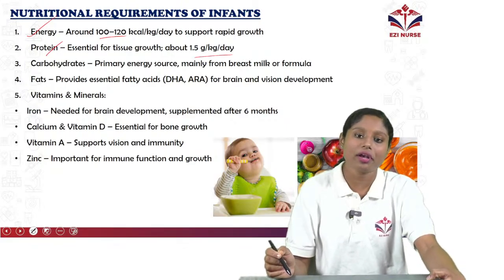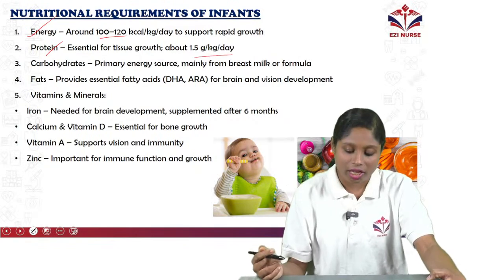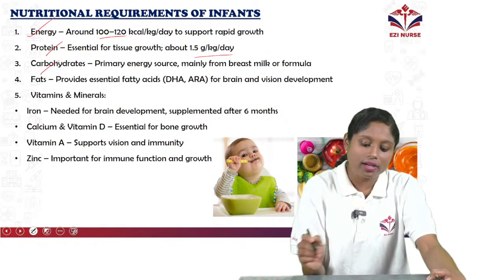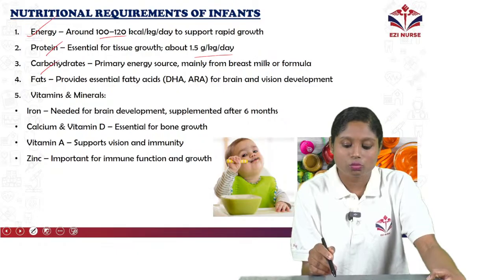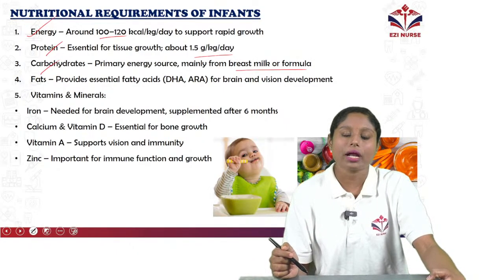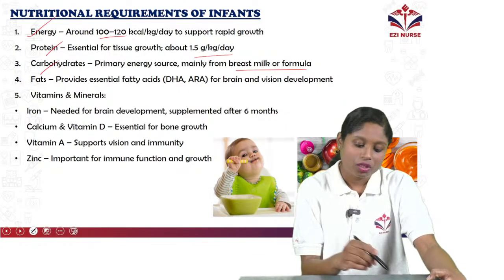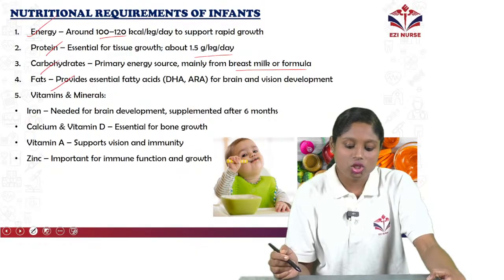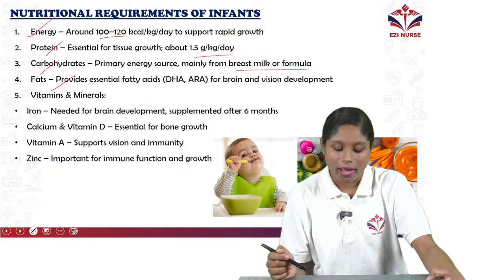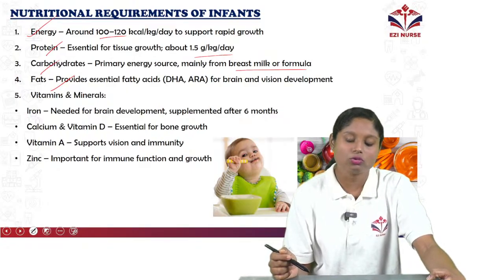Based on their body weight, we need to give 1.5 gram per kg per day. Carbohydrates, the primary energy source, mainly from breast milk or formula. Next is fat, which provides essential fatty acids like DHA and ARA for brain and vision development. So they need fat also for the development of their brain.